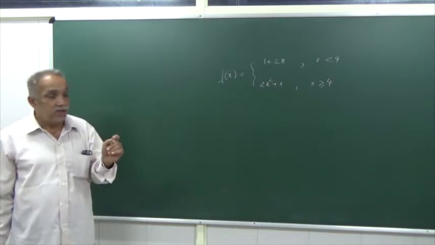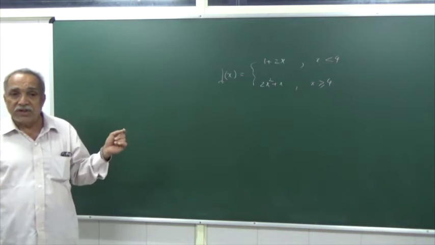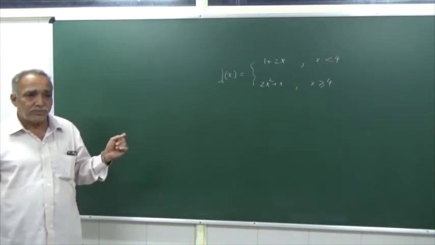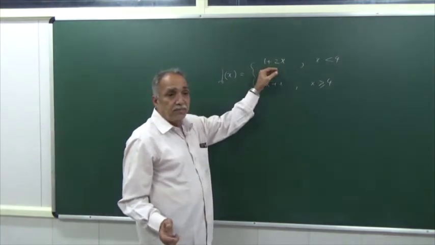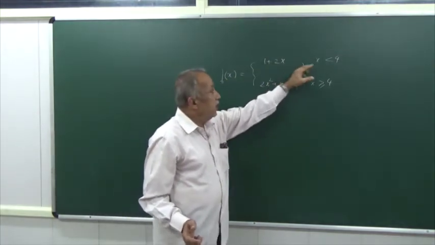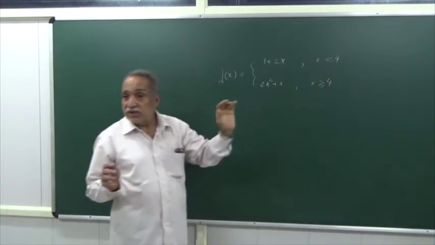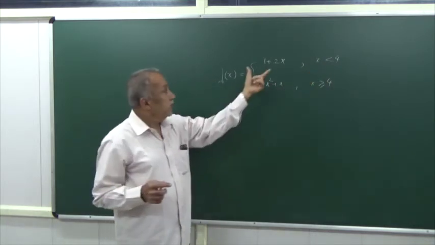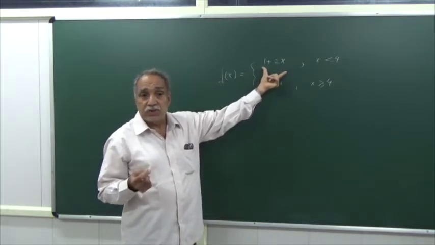Okay. Problem is to find the range. What is the range of this function? Newly defined function. Consider the first part. Applicable only for x less than 4. As long as x is less than 4, can you say something about possible value of 1 plus 2x?